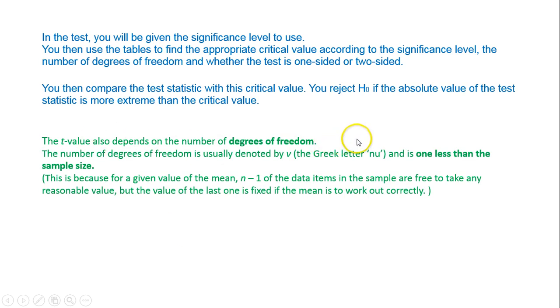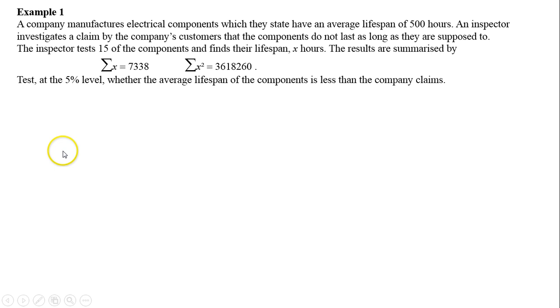The number of degrees of freedom is usually denoted by nu, the Greek letter nu, and it's one less than the sample size. This is because for a given mean, n minus 1 of the data items in the sample are free to take any reasonable value, but the value of the last one is fixed if the mean is to work out correctly. So n minus 1 degrees of freedom.